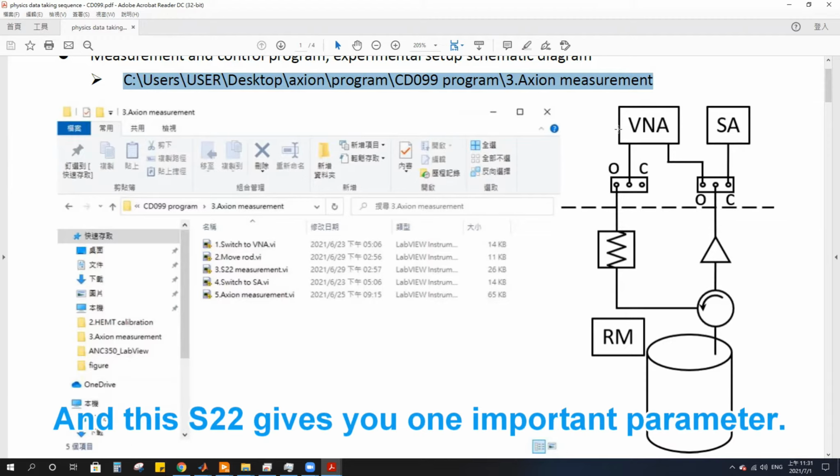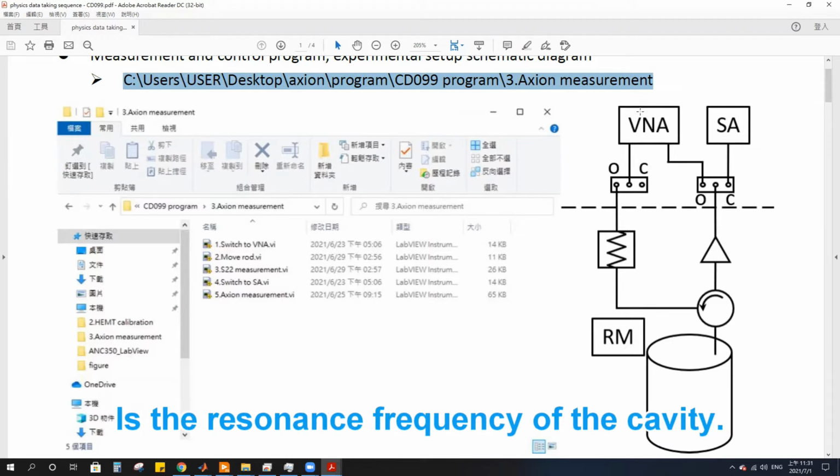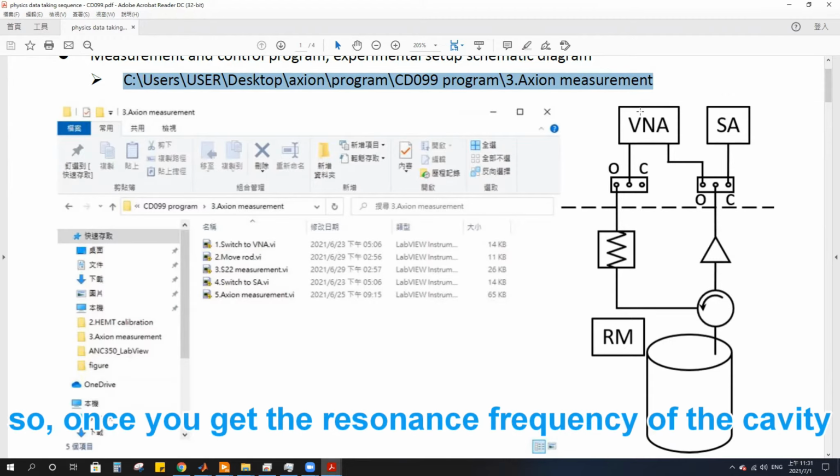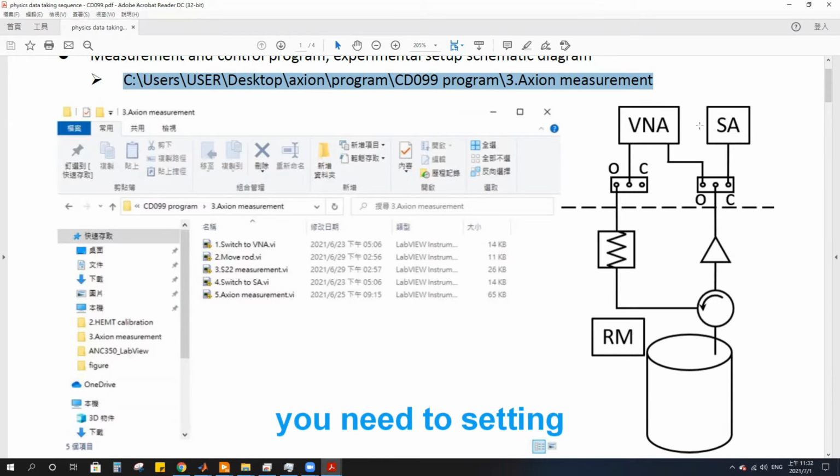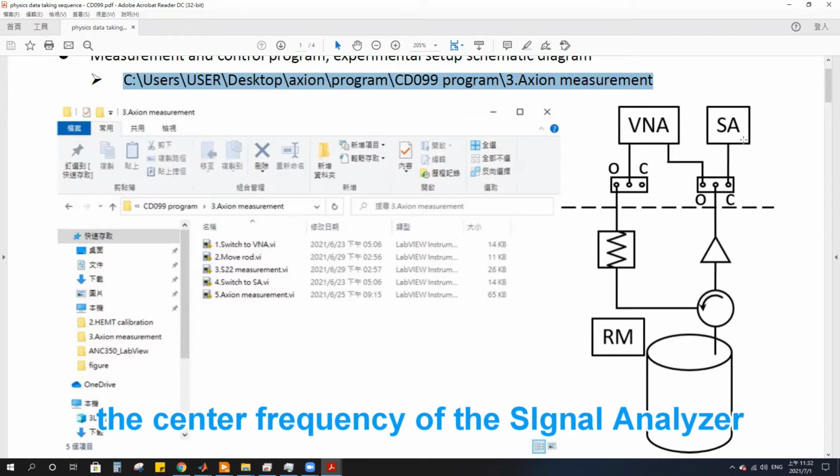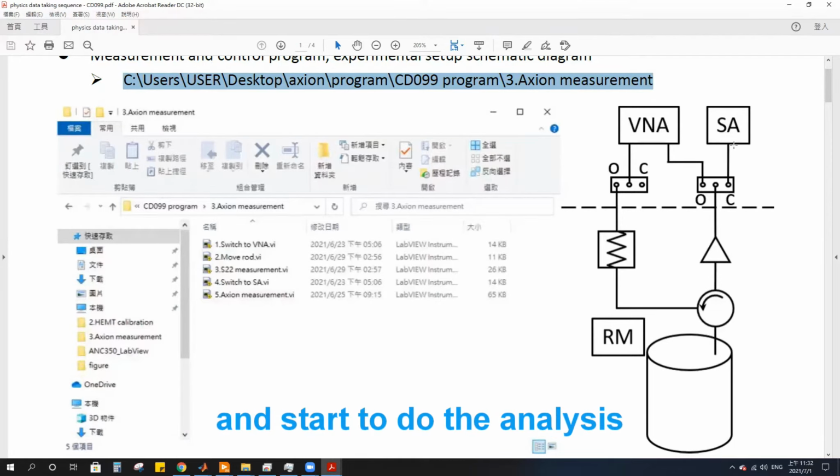And this S22 gives you one important parameter, the resonance frequency of the cavity. So once you get the resonance frequency of the cavity, you need to set it as the central frequency of the signal analyzer and start the analysis.